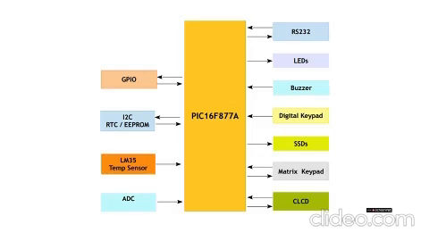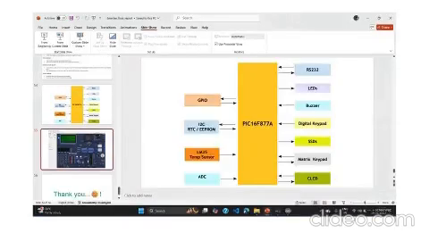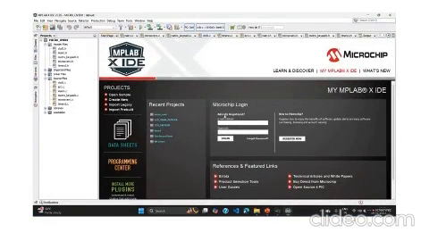This is the way of interfacing our modules to the PIC microcontroller. This is the PIC microcontroller diagram. You can observe here. Okay, let's go build our project. I'm opening MPLAB. This is the starting page of MPLAB.